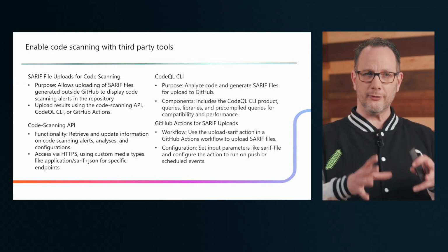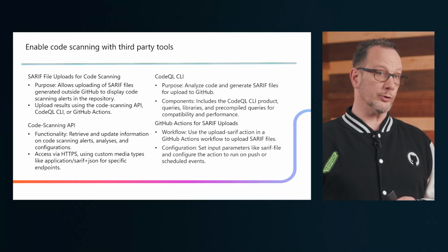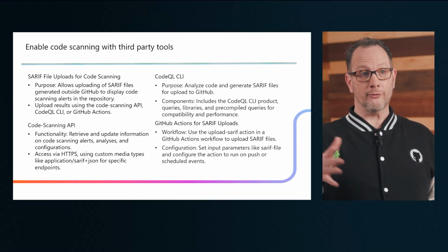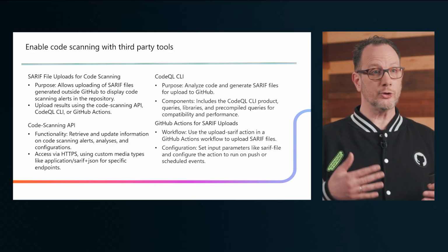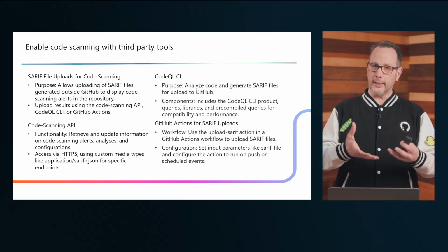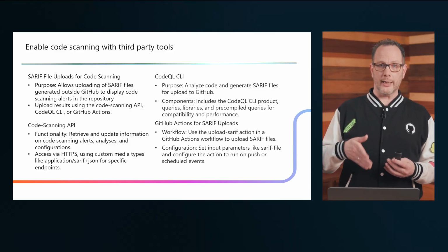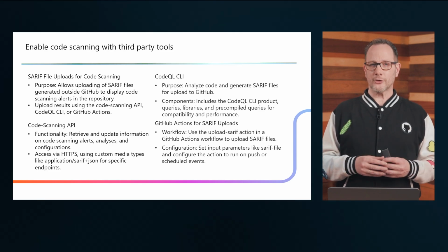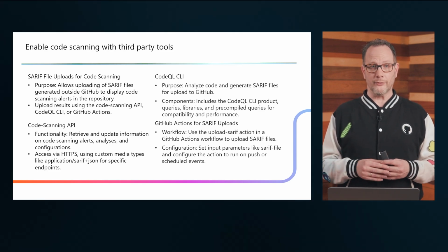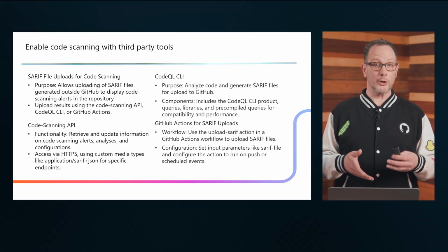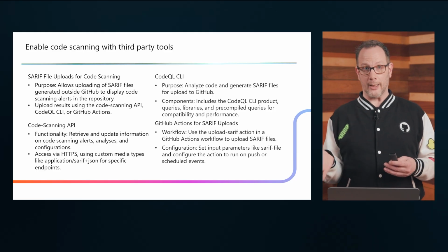CodeQL is specific to GitHub and GitHub repos, apart from the integration with Azure DevOps. But GitHub provides support for enabling code scanning using third-party tools as well. GitHub allows you to upload SARIF files, as we call them. Those are standardized security reporting files generated from external scanners so that all your alerts appear in the GitHub Security tab.